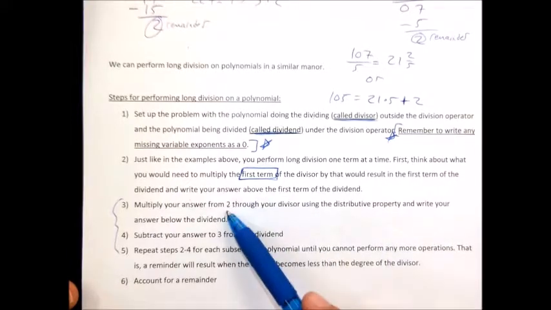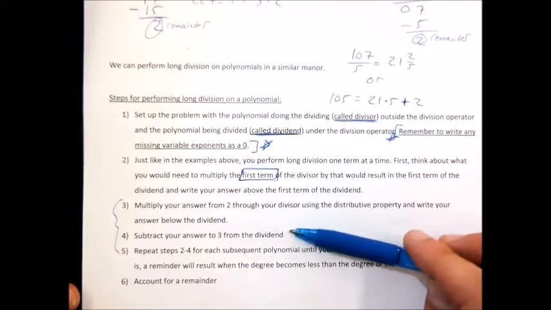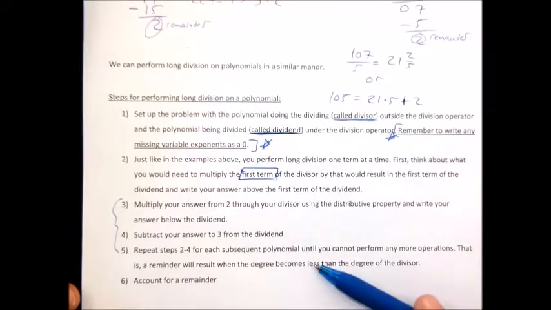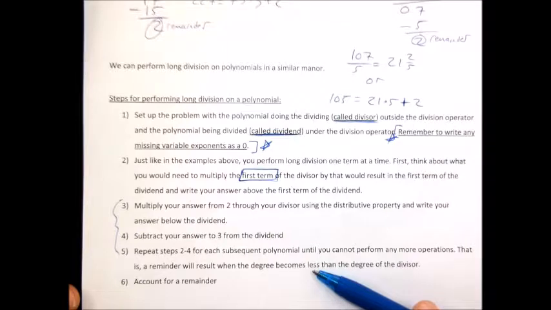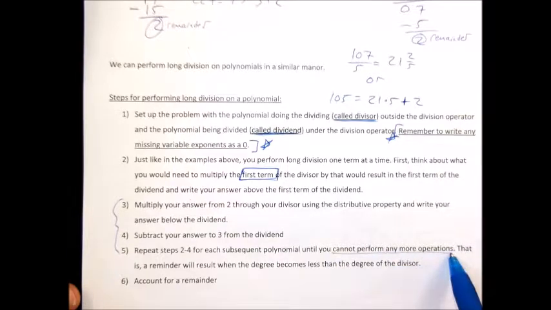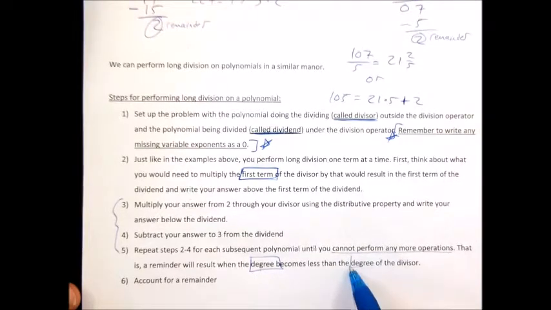You multiply your answer back through your divisor, you subtract your answer just like we did before, and then you stop once you reach a remainder. And what I said here was, you know you reach a remainder when you can't perform any more operations. In other words, you stop when the degree of your divisor is more than the degree of your answer.